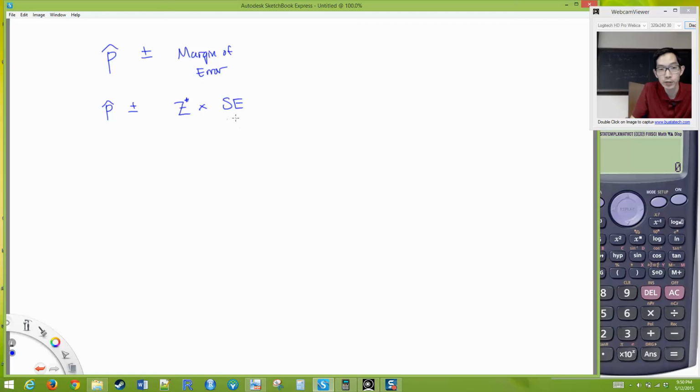Okay, so for a confidence interval, the standard error is equal to the square root of p hat times 1 minus p hat over n. Notice this is very similar to the standard error for the sampling distribution, but the key distinction here is that we're using p hats.